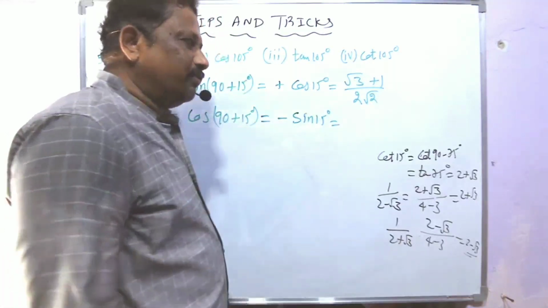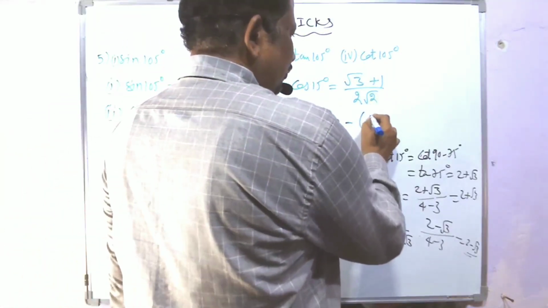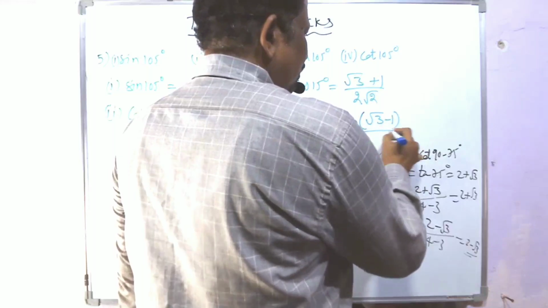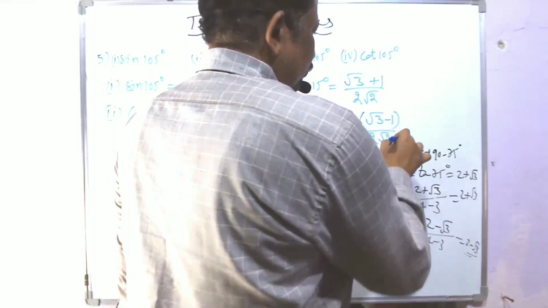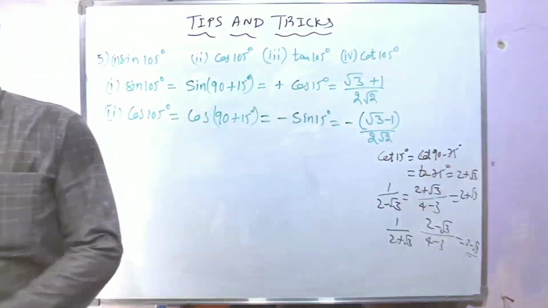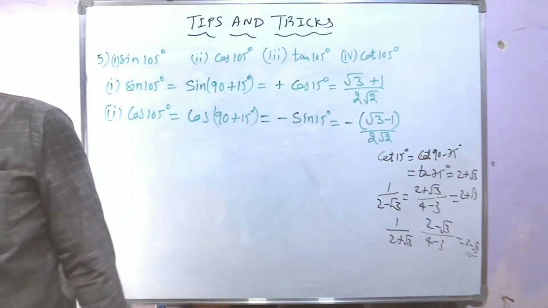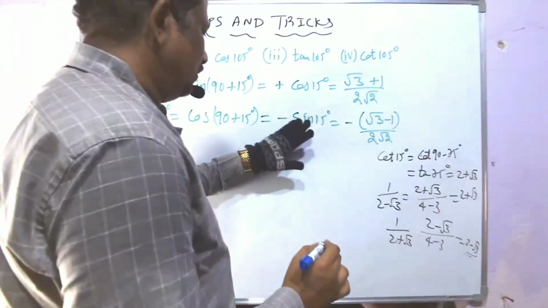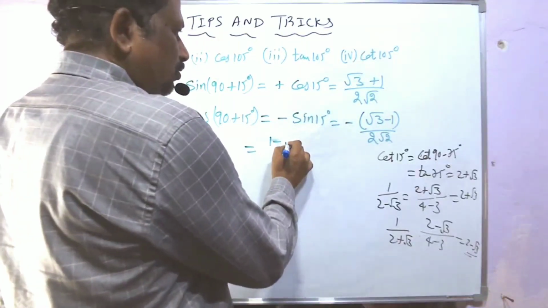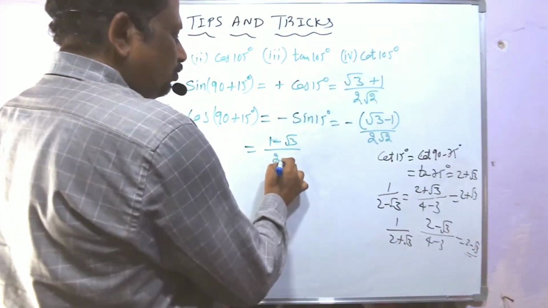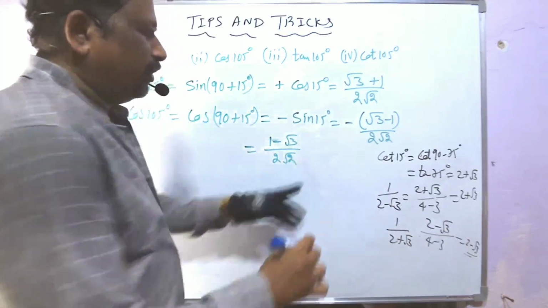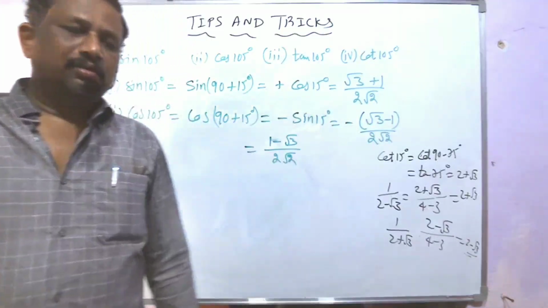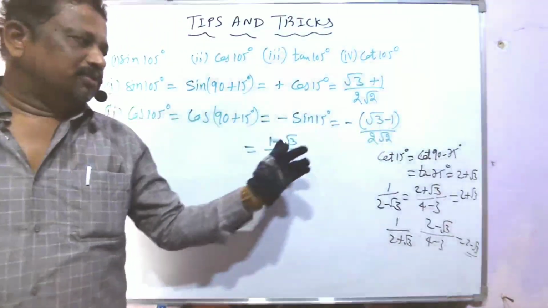What is the value of sin 15 degrees? Minus of root 3 minus 1 by 2 root 2. Otherwise we can write 1 minus root 3 by 2 root 2. If you take the minus inside, minus root 3 will come, plus 1 will come.